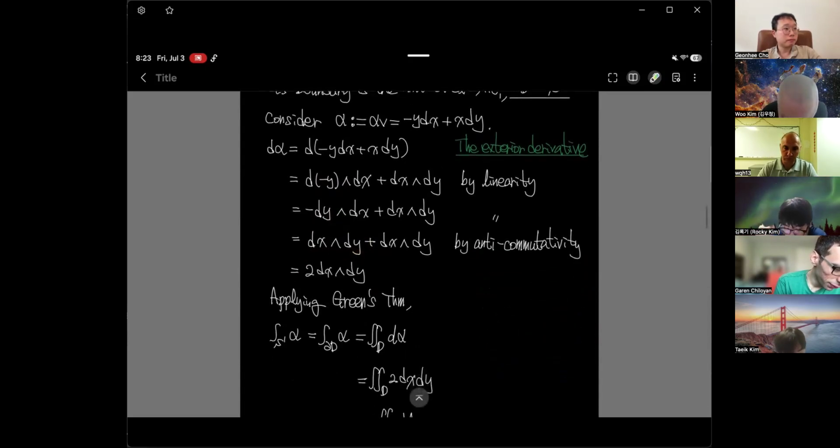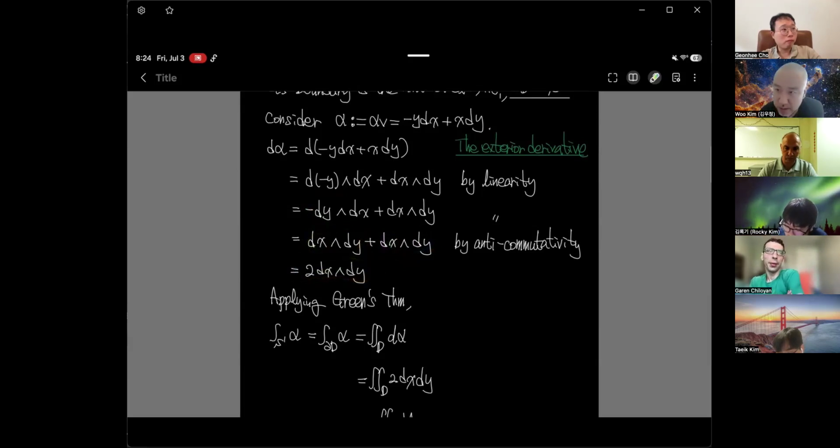So by definition, if you swap each other, then the negative sign is going to come out. So negative becomes plus. So dx wedge dy plus dx wedge dy, which means these are the same two-forms. So we have 2 dx wedge dy.